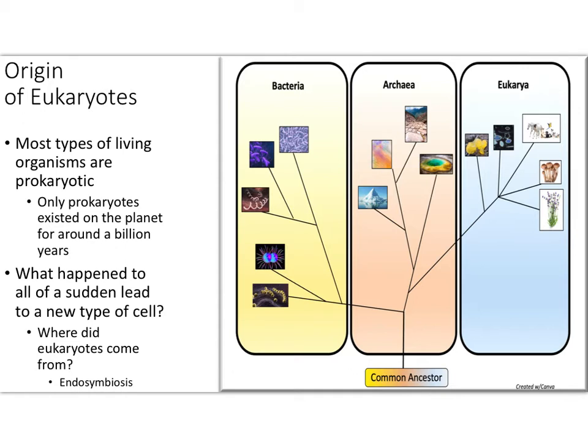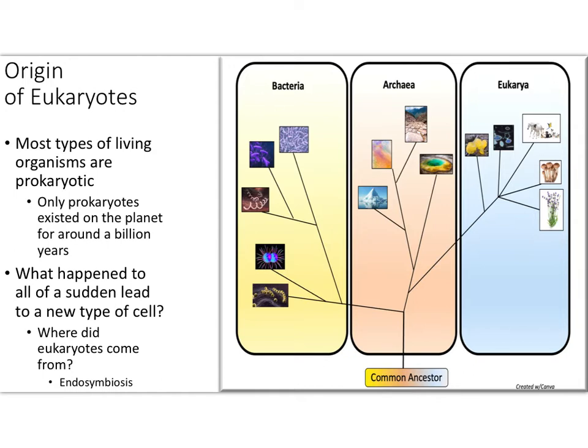And after lots of different hypotheses and a lot of different testing and a lot of different thoughts about this subject, there arose one of the most plausible explanations for how we all of a sudden got eukaryotes, even though prior to that we just had prokaryotes.